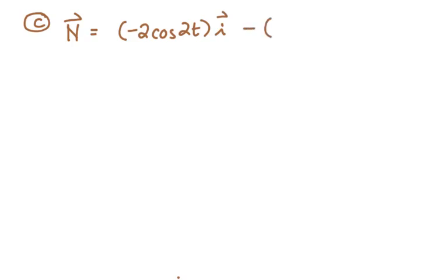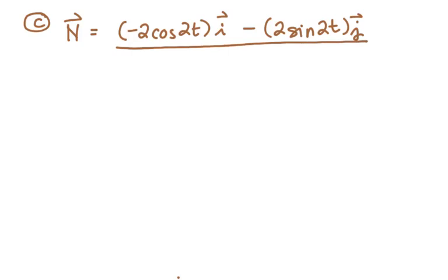So for the last part, finding N, we have the derivative of T, negative 2 cosine 2t i minus 2 sine 2t j, divided by its magnitude, which we just found was 2.